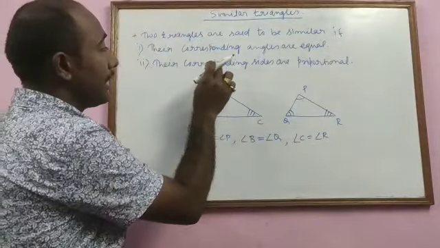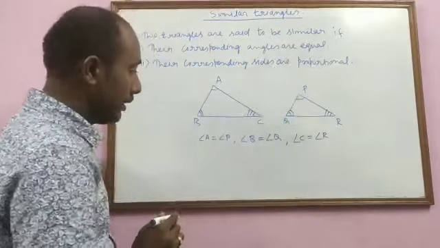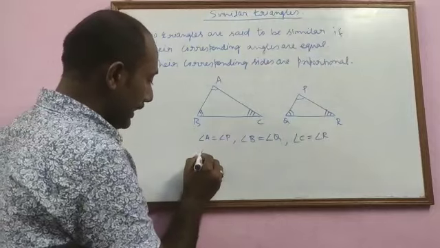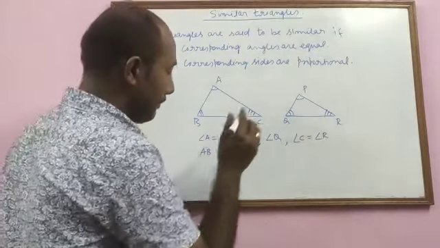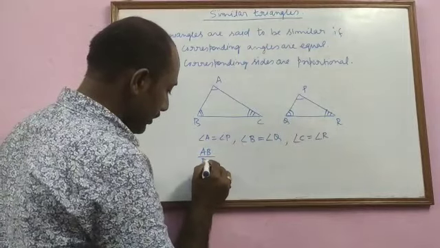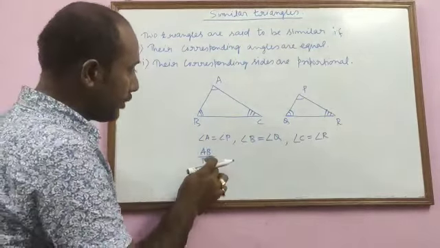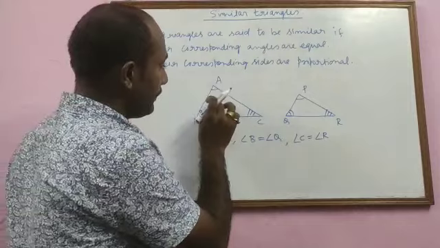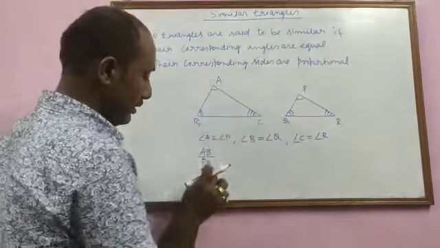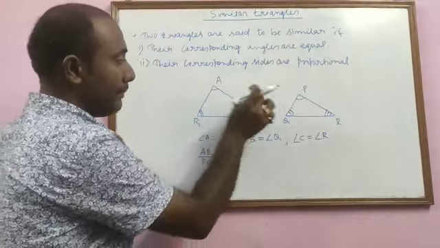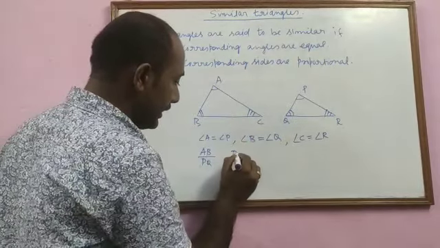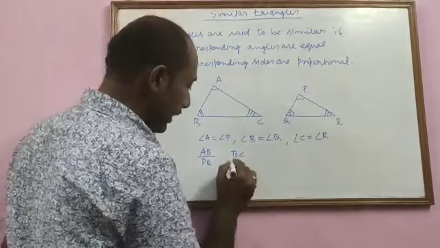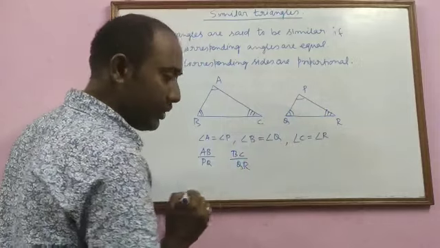The second point is that their corresponding sides are proportional. Now if I talk about side AB and compare it with side PQ, then AB by PQ will give you the ratio of the two sides. Similarly, if I take side BC and compare it with QR, I will get another ratio.